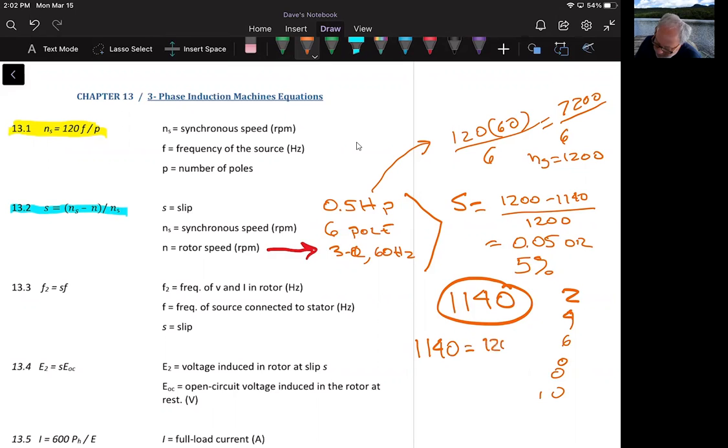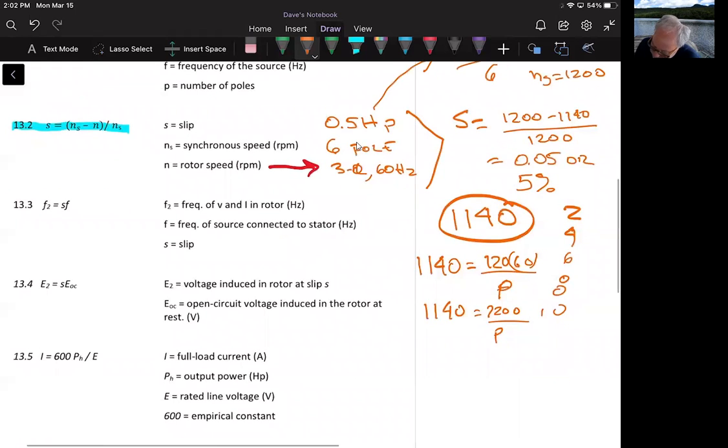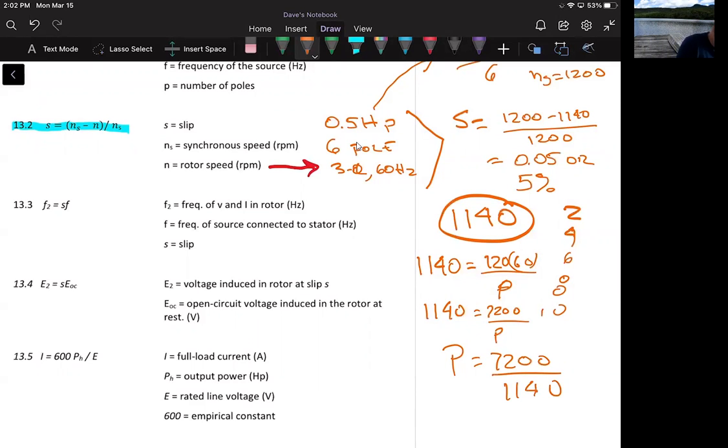And say it's at 60 hertz, and you want to know the number of poles, okay? Solving for poles, I would get 7,200 divided by 1140. Okay, well, we know that's not going to come out even, but what we can do is deduce that 7,200 divided by 1140 comes out to about 6.3.